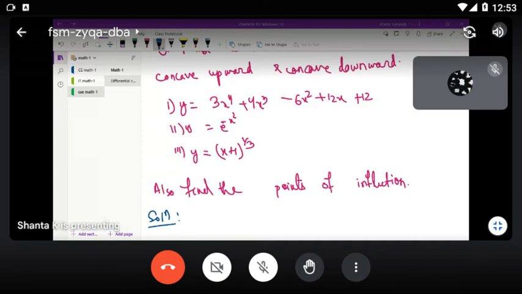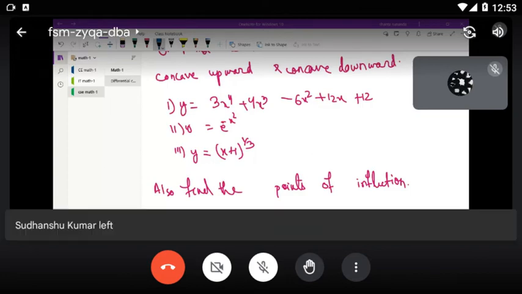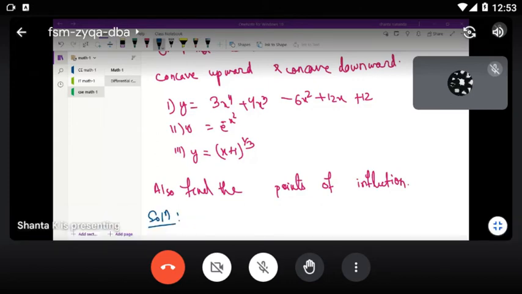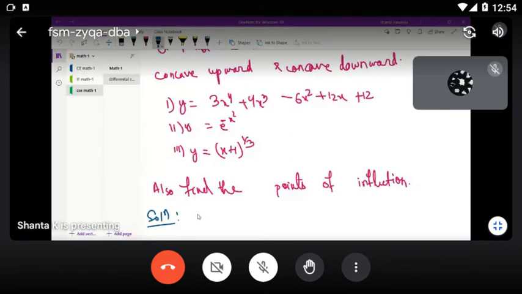At x equals to minus 1, f dash x comes 0, and also f double dash x comes 0. And f double dash x is 0 at 1 and minus 1 by 3.